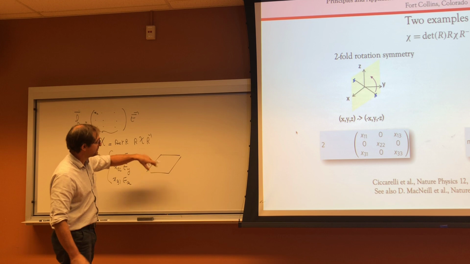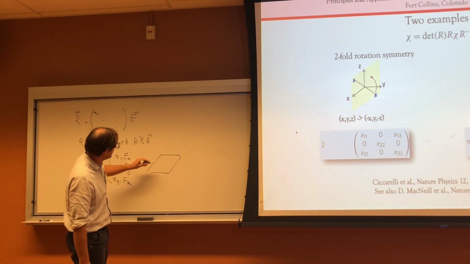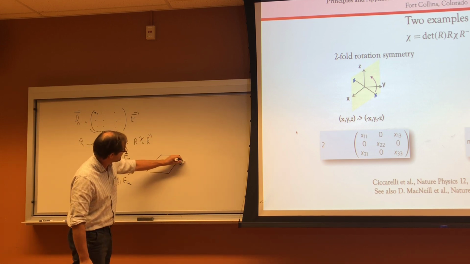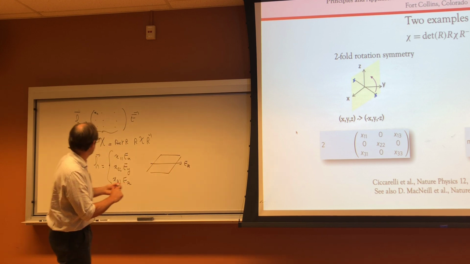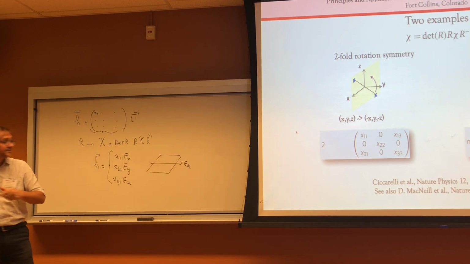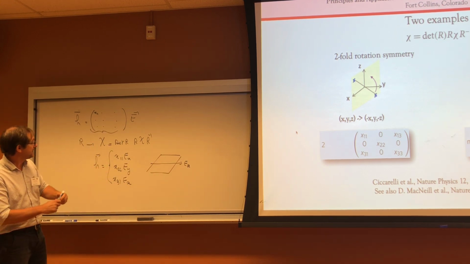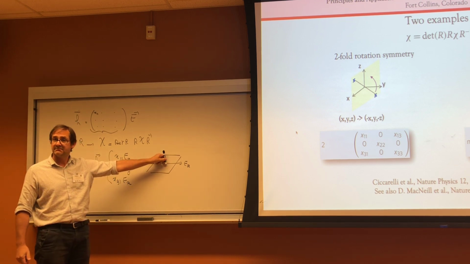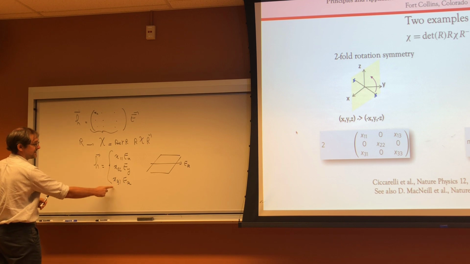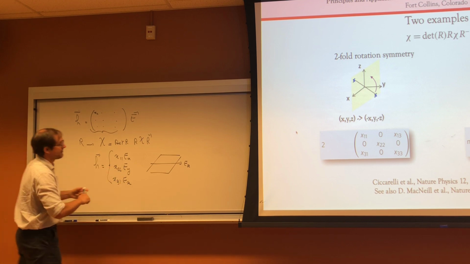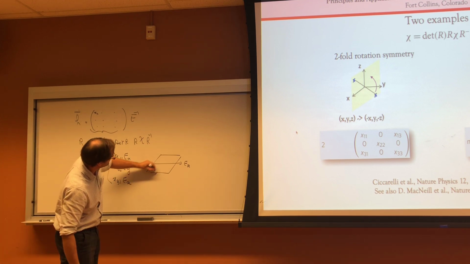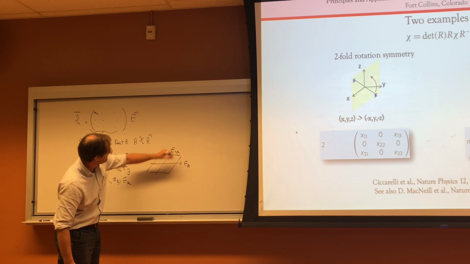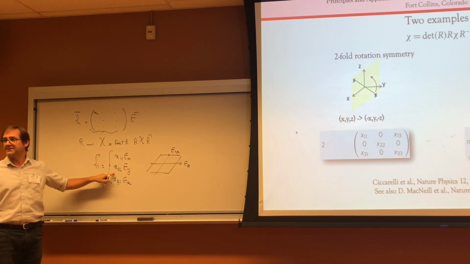So basically, if I have my gas with this two-fold rotation, and I send a current along the x direction, then the Rashba field, if you wish, will be along x and z. And if I apply a field along y, I'm only going to have a y component.